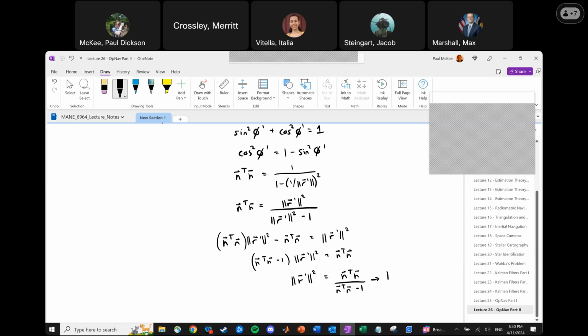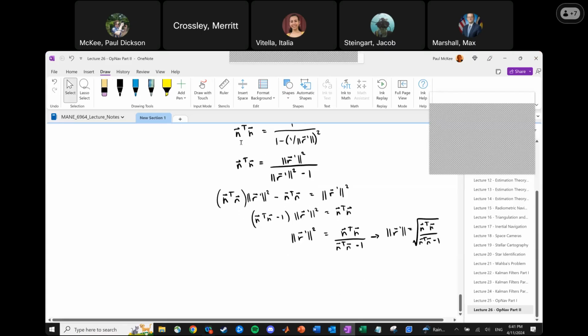Or the norm of r, which you could think of as the distance from the spacecraft to the moon, in this case with respect to a unit sphere, is just the square root of n transpose n over n transpose n minus 1. Okay, now we're still not quite done because we're trying to rebuild r, not the norm of r, but we've made a tremendous amount of progress, right?